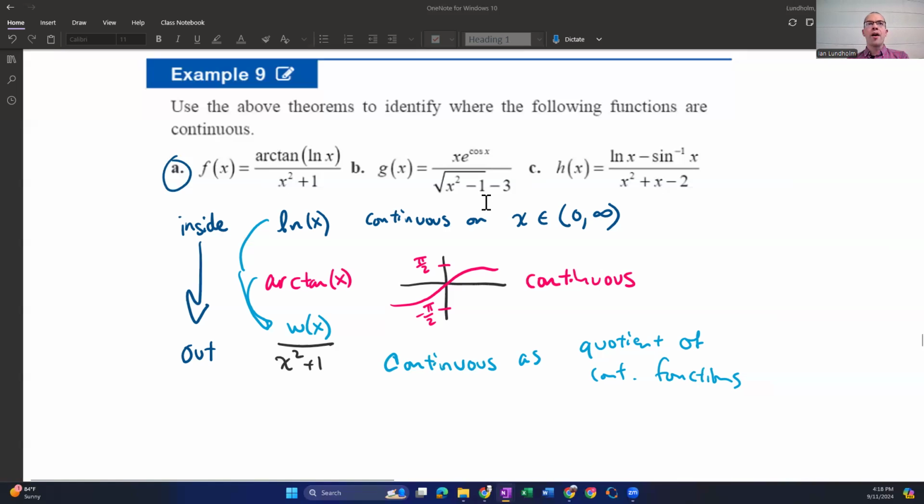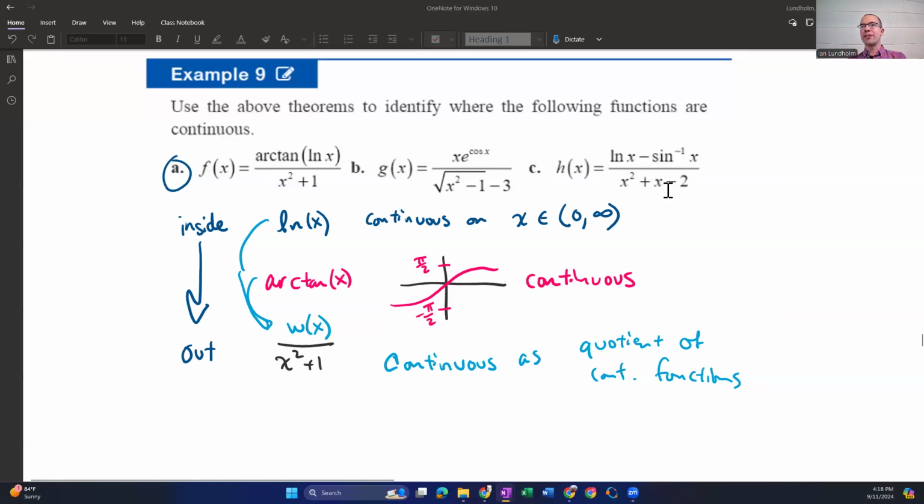On part B, we wouldn't want x to be the square root of 10, because if we squared the square root of 10, we'd get 10 minus 1, and we'd take the square root of 9 and subtract 3. That would give us a 0 on the bottom. We would want to avoid that.